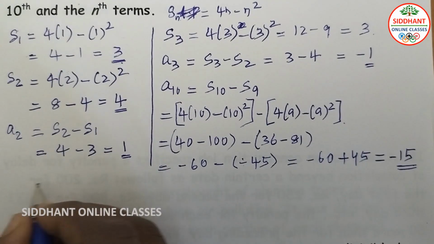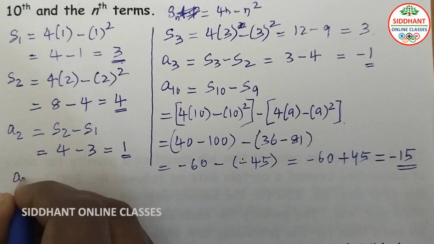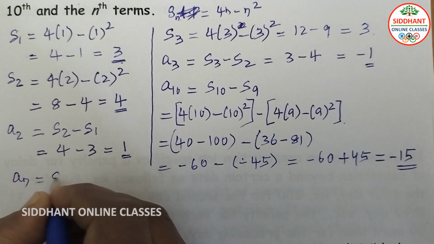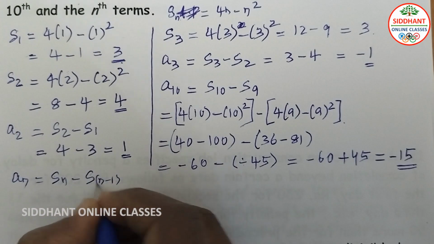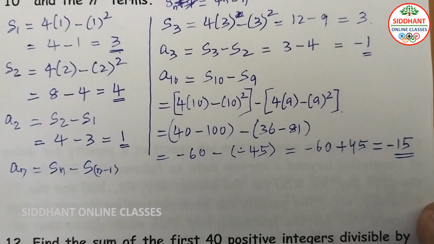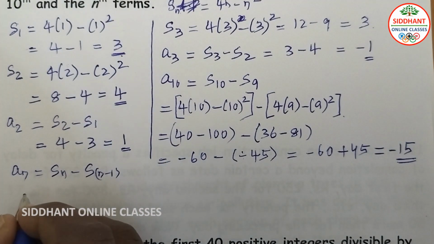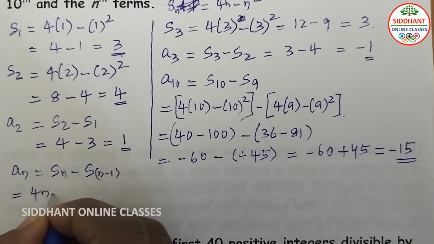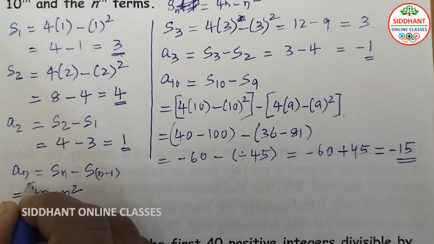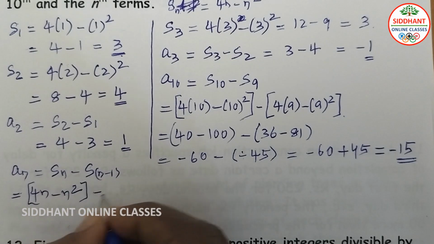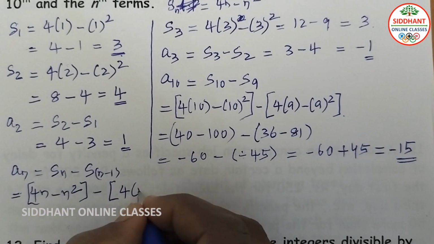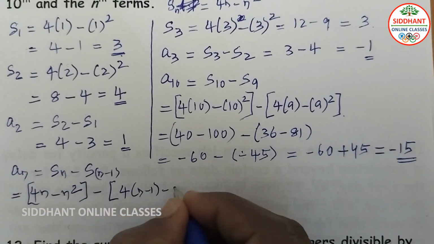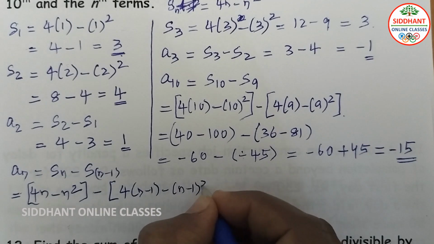So in the same way we are going to find out an, the nth term. The nth term will be what? Sn minus Sn minus 1. Sn means already given, that equals 4n minus n square. So this is Sn minus Sn minus 1, that means 4 into n minus 1 minus n minus 1 whole square.